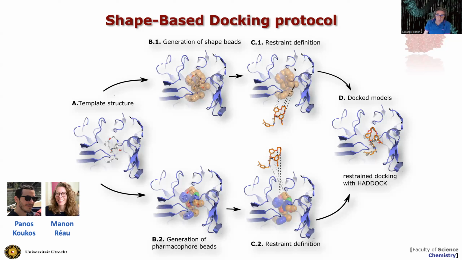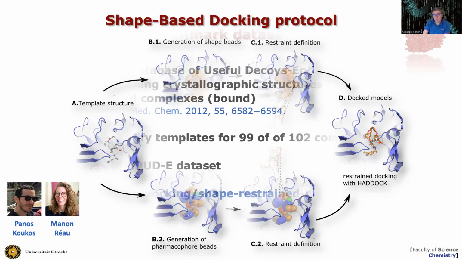So these are fake beads, fake atoms. They have no energetics with the remainder of the protein. And then we define distance restraints from the ligand to those beads that are basically telling the ligand you should be overlapping somewhere with this shape that we define. And this is a very efficient protocol to model small molecules.